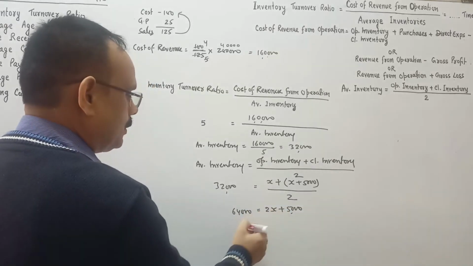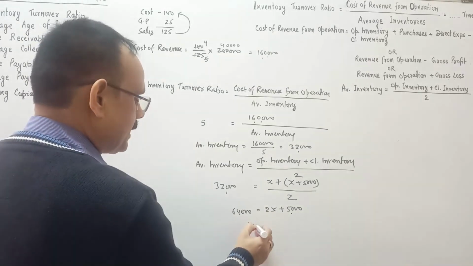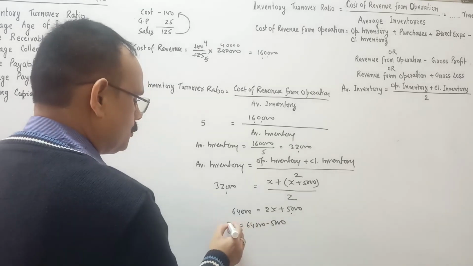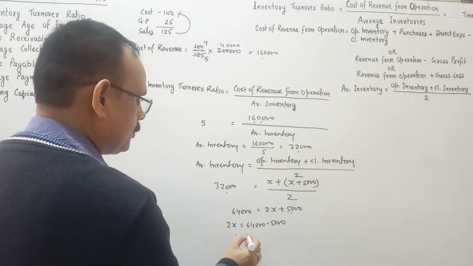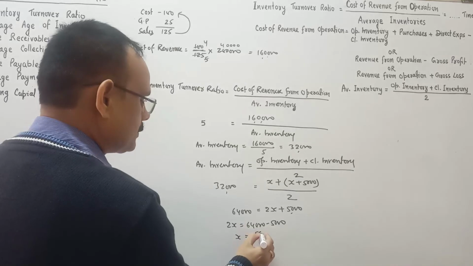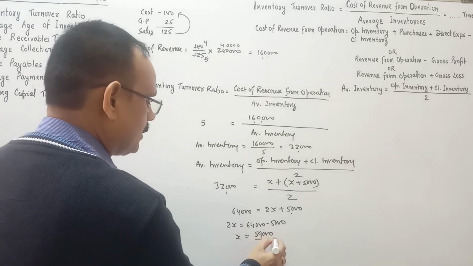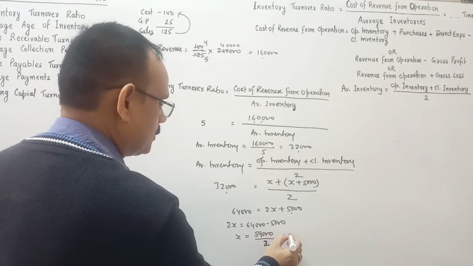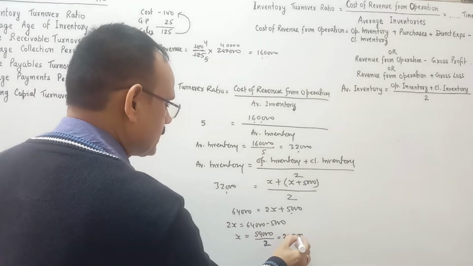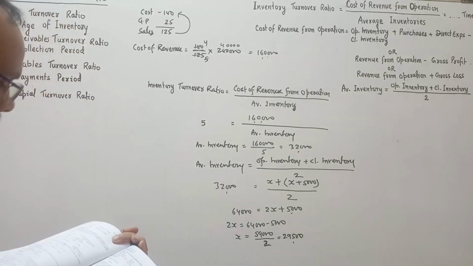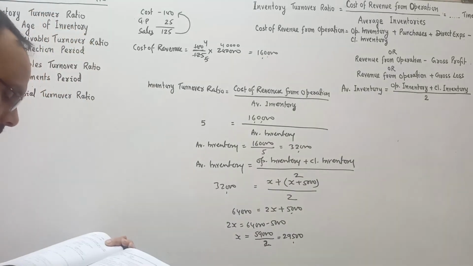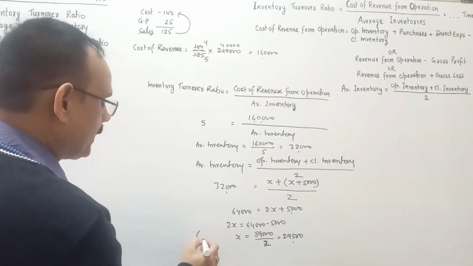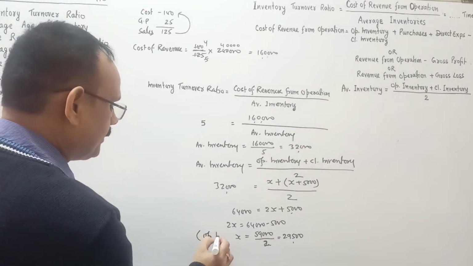So 64,000 minus 5,000 is equal to 2x. So x is equal to 59,000 upon 2. So 29,500 is the opening inventory. X is the opening inventory.